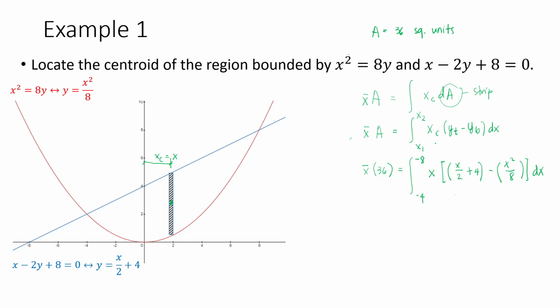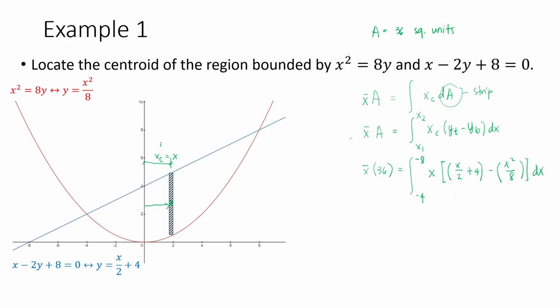So again, x sub c is the distance x going towards the centroid of the strip you are using. Since this one is a vertical strip, and let's say this is the centroid, going towards the centroid is x units.